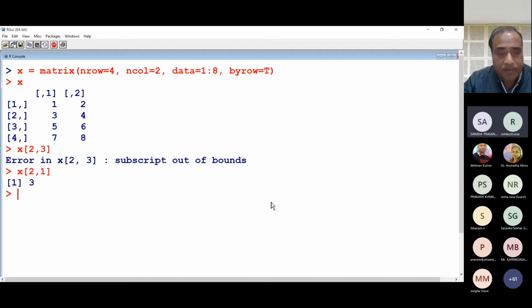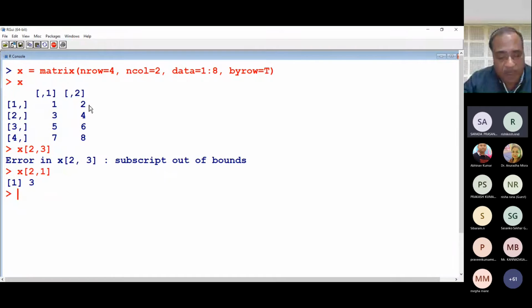Okay, can you see this screen or not? It's visible, sir. Okay, sure. So if you take X 2, 1, this is 3. Now I want to show you a couple of things where you have to be very watchful. Suppose I want to extract a particular row, then how to give it?